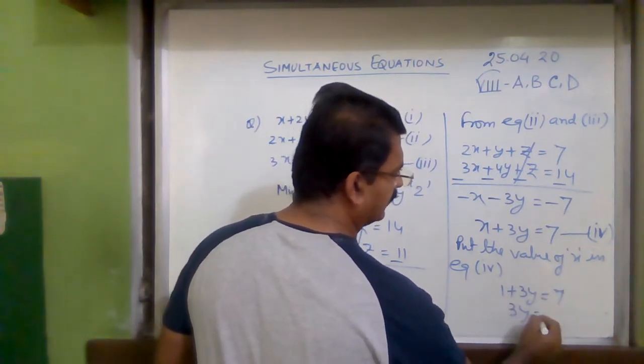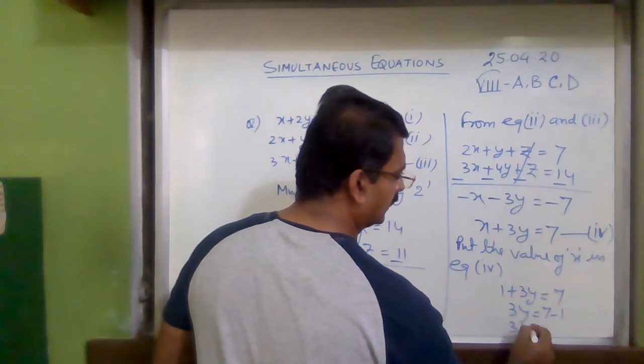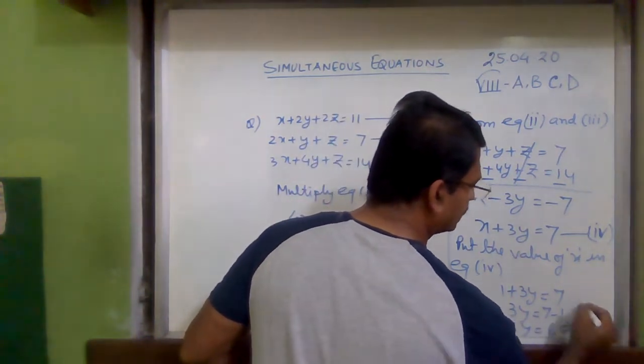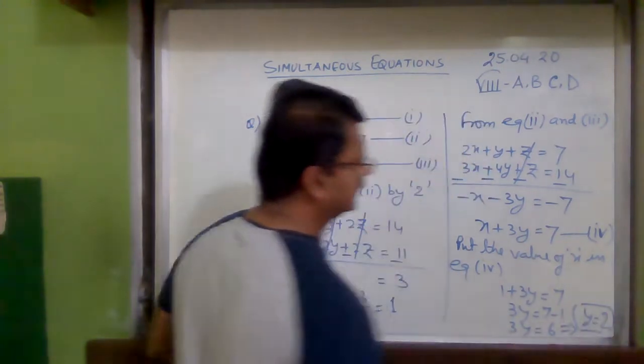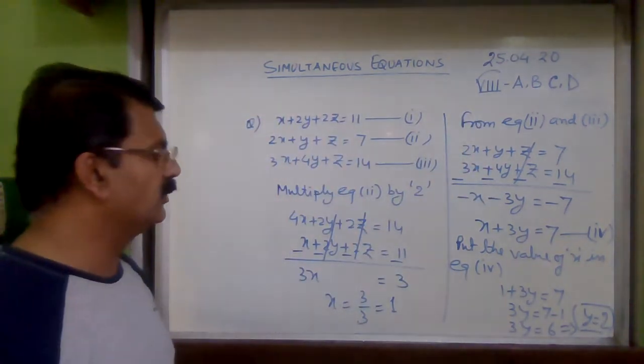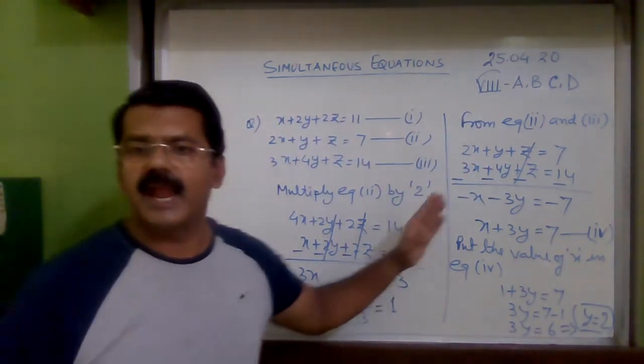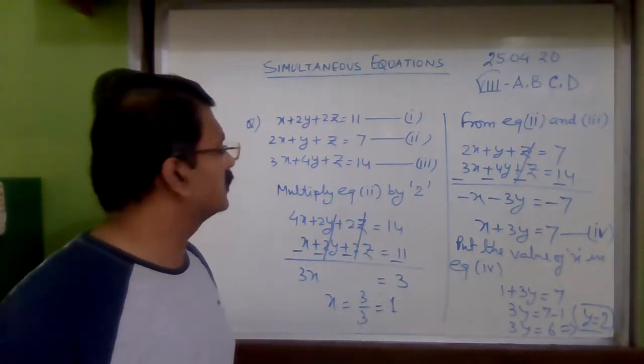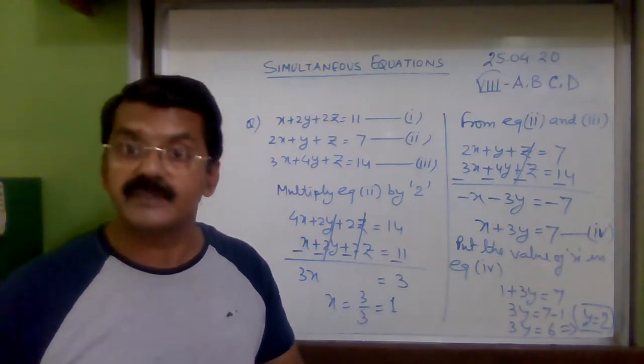So 3y is equal to 7 minus 1. 3y is equal to 6. That gives you y is equal to 2. 6 upon 3, 2. So y is equal to 2. So we have found x is equal to 1 and y is equal to 2. But still the question is not over because we have to find the value of z also.